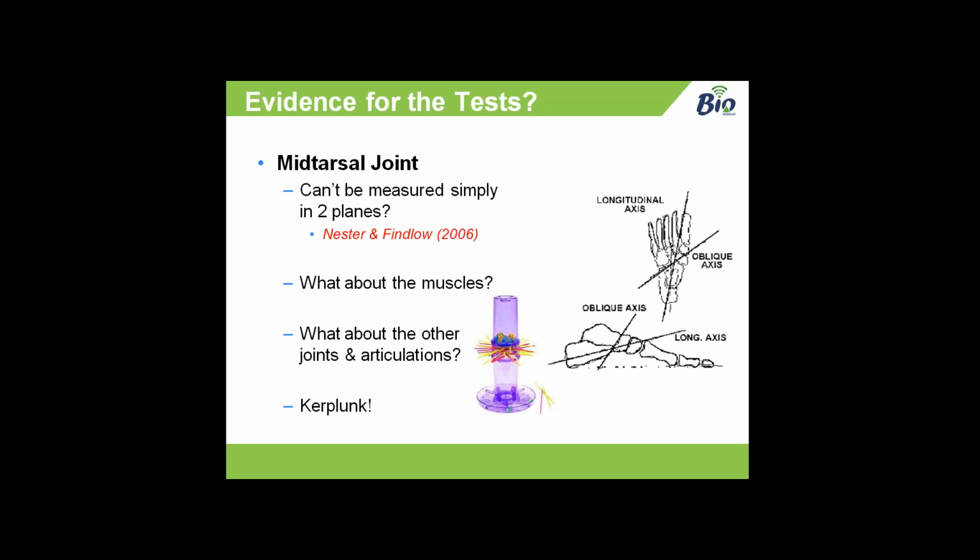Well, the simple answer to that is that you don't, and this was supported by a paper by Nester and Findlow in 2006, who just said you simply can't mark all the different axes and articulations that you would get within that joint. So if you tried to do that, realistically, you'd probably end up getting that game Kerplunk, where you've got all the different markers pointing out of it. So it's impossible to have that down to just two axes.